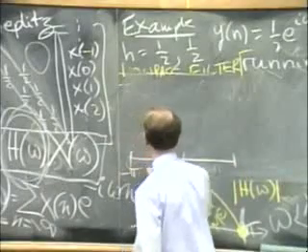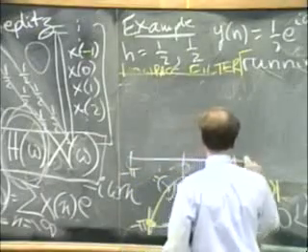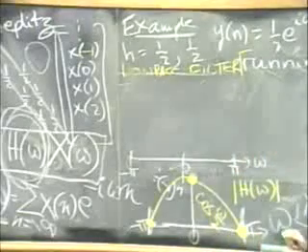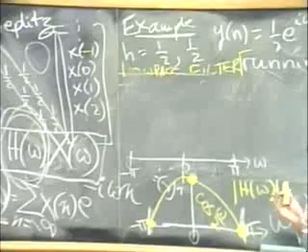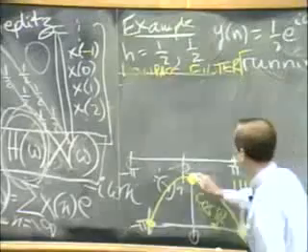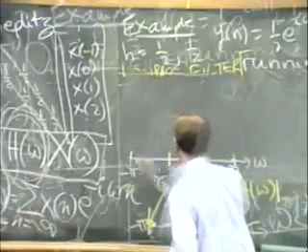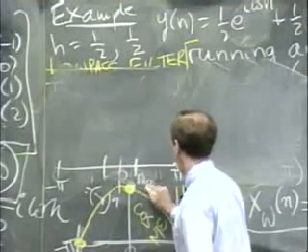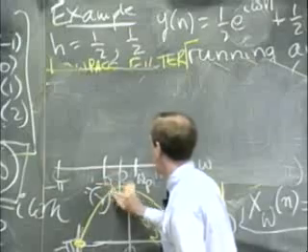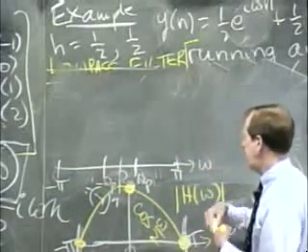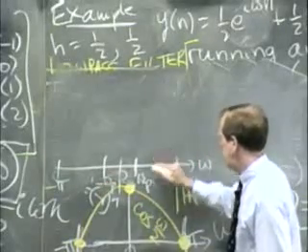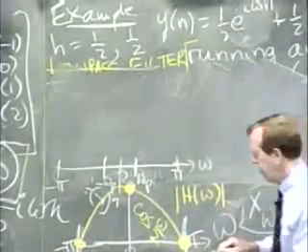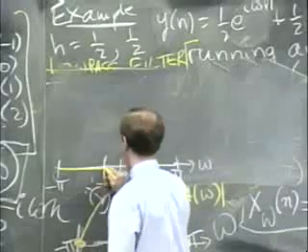It'd be from minus pi, 0, and pi. So I'm going to graph H of omega, and what would a really good low pass filter do? Suppose I wanted to keep all the frequencies between there and there, some omega p, and minus omega p, and kill all the other frequencies. The ideal low pass filter would be like this.